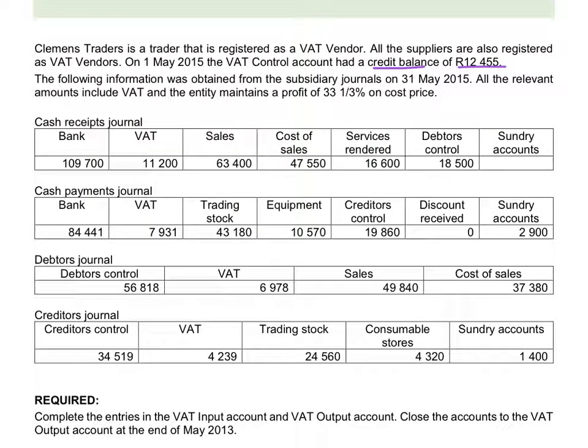In the cash receipts account, the VAT amount indicates that VAT was collected when goods were sold for cash and when services were rendered for cash. That means the business collected 11,200 on behalf of SARS, and this money must be paid over to SARS.